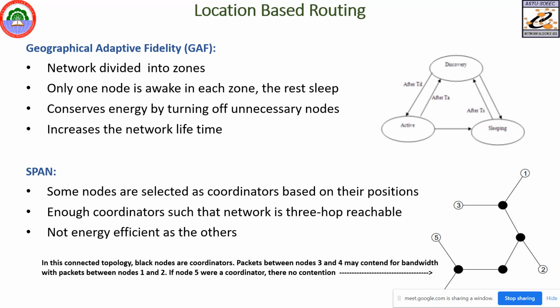So the third category is called location based routing. In location based routing, the first protocol is called geographical adaptive fidelity. Based on the geographic location, the data is going to be transmitted.